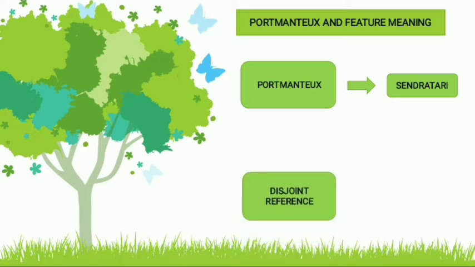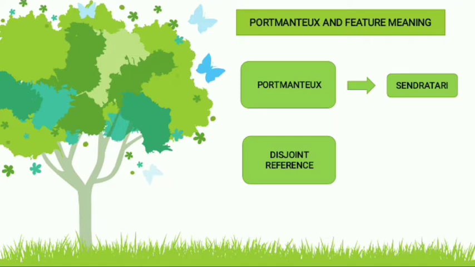Okay, and then disjoint reference. Disjoint reference means that it prevents two noun phrases in the same simple clause from referring to the same individual, except with explicit reflexives and idiomatic expressions. Actually, disjoint reference is related to pronouns.